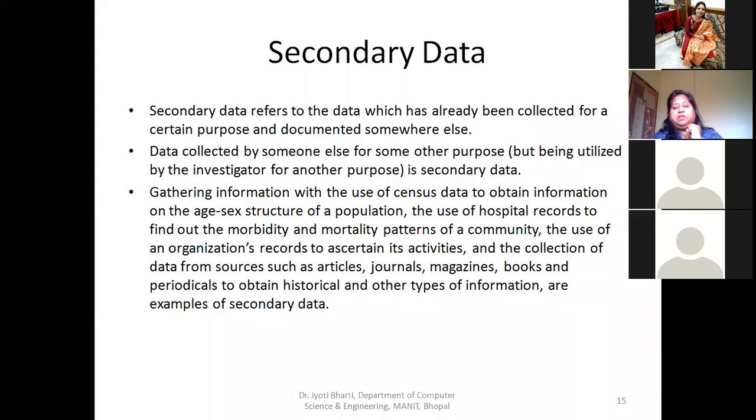Gathering information with the use of census data to obtain information on the age-sex structure of the population, use of hospital records to find out the morbidity and mortality pattern of the community, use of an organization's records to ascertain its activities, and collection of data from sources such as articles, journals, magazines, books, and periodicals to obtain historical and other types of information are examples of secondary data.